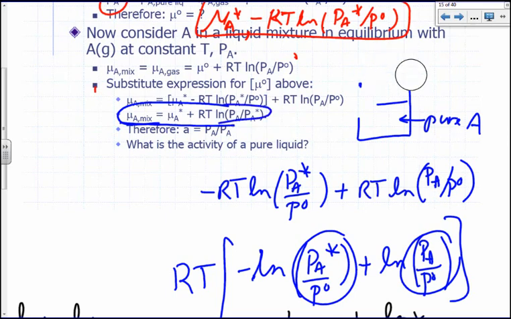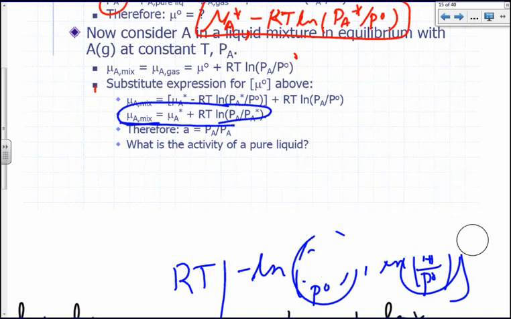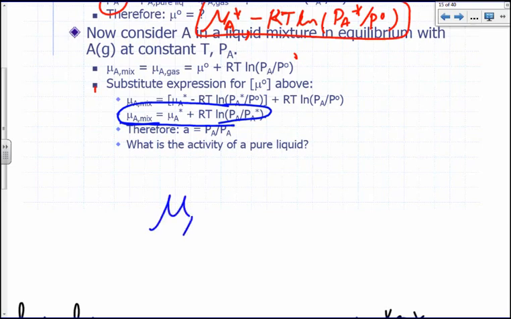So let's compare that to our defining equation for activities. What did we say an activity was? Measure the difference between the chemical potential of whatever species you're interested in, in whatever system you're dealing with, and its chemical potential in the standard state.